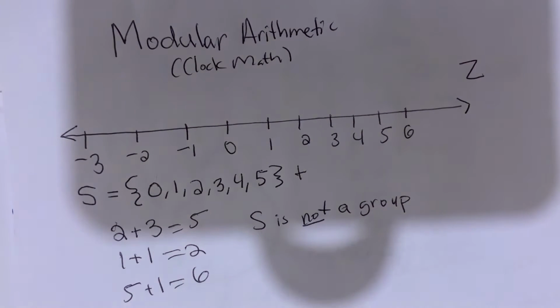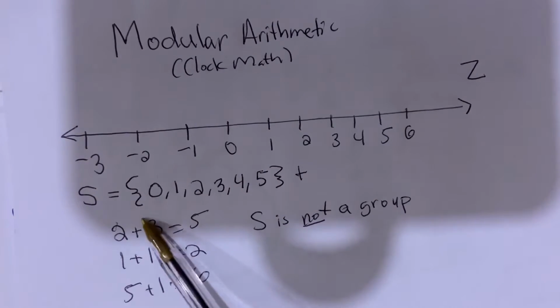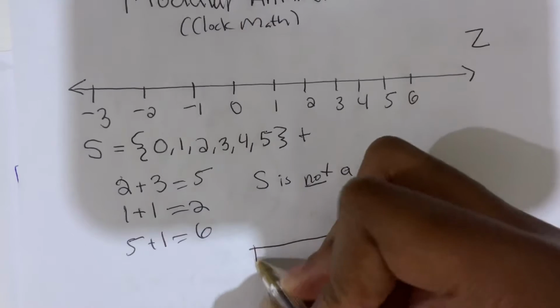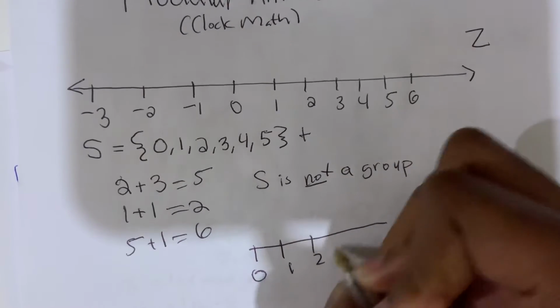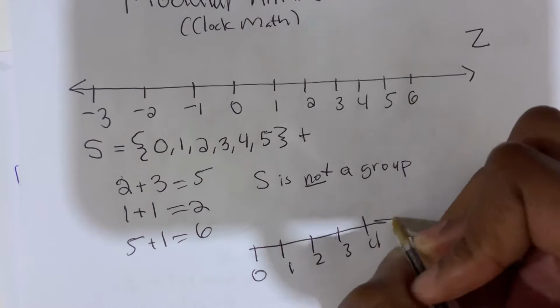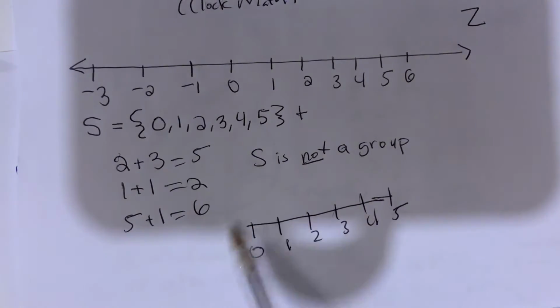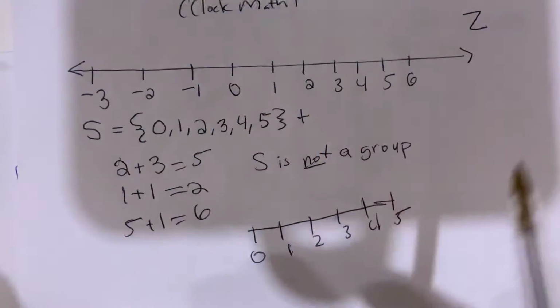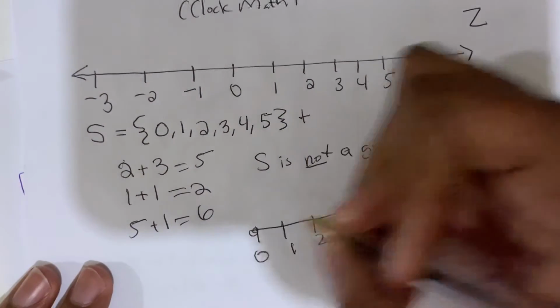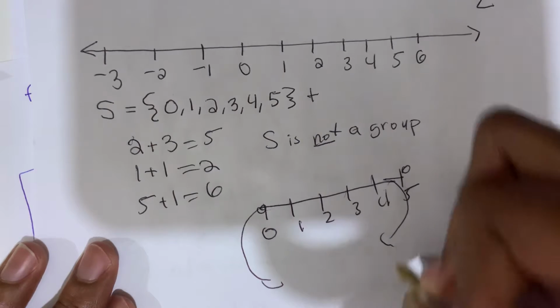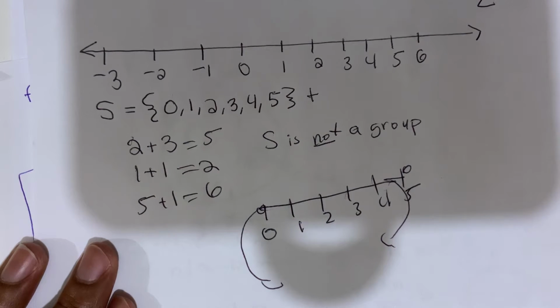So imagine if I take this set. Really what I'm saying here is that I have 0, 1, 2, 3, 4, and 5, right? Imagine if I take this line segment and close it in on itself, taking the ends and closing them together to form a circle.